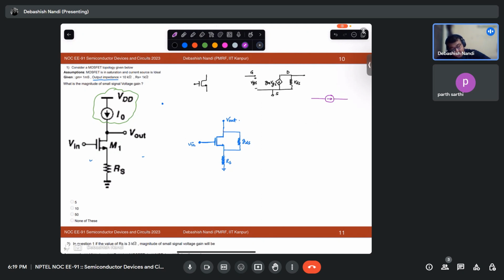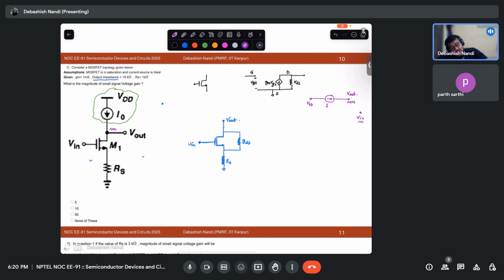Suppose there is a current source. This is your VDD, and this point is your Vout, okay? Some other place you are giving some Vin signal, so the voltage at Vout, this node, will be fluctuating due to small signal. Yes, sir.